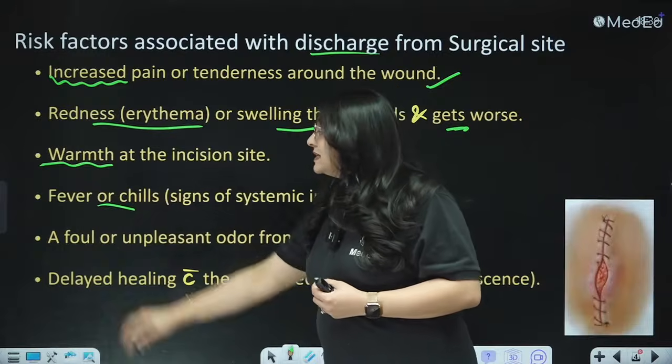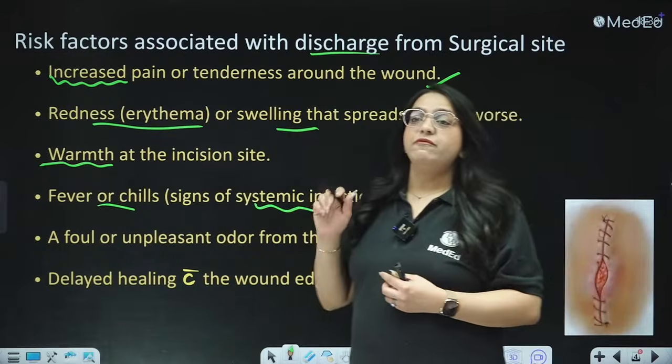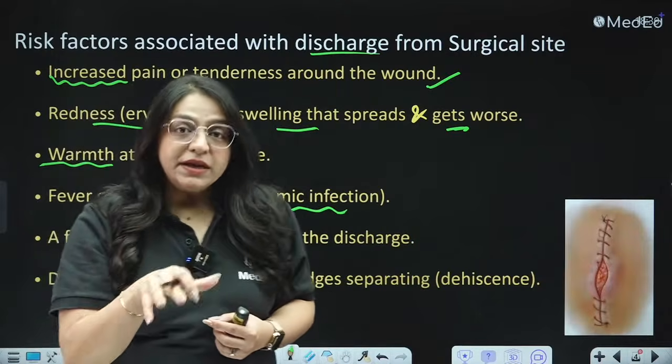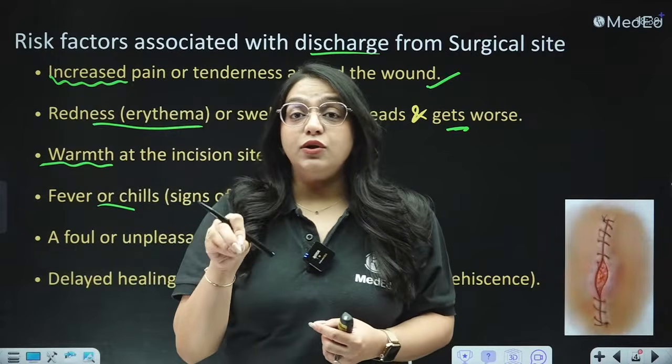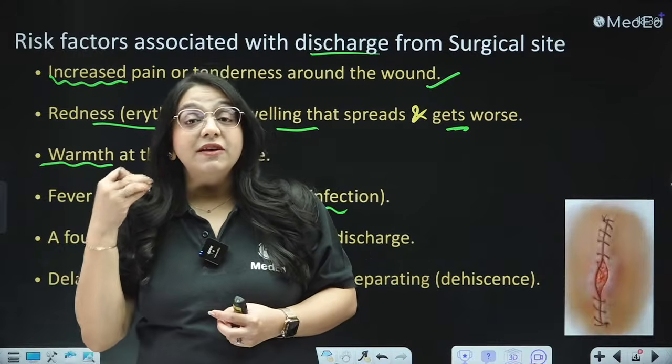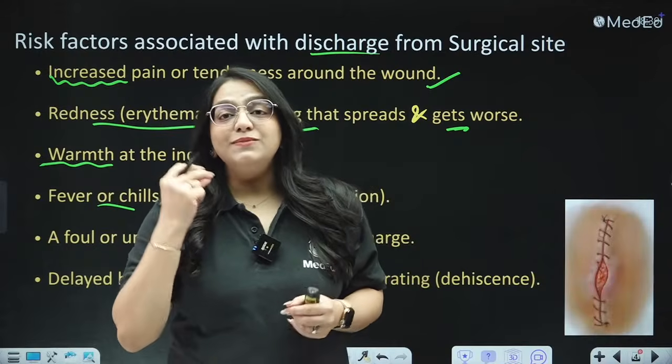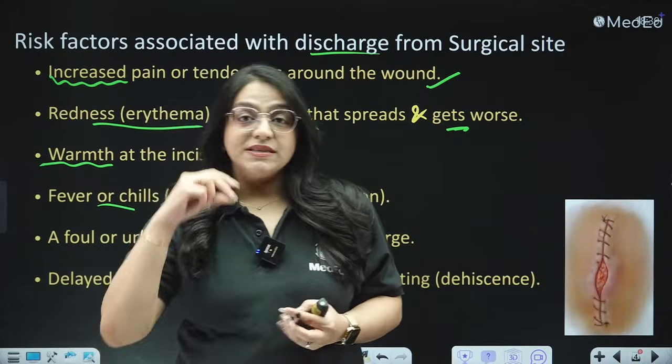Fever or chills. Now if it is a sign of systemic infection, that probably now the infection has gone deeper into the body and it is now leading to systemic infections, because when do we get fever? Whenever there is microorganism in the blood. The moment it comes to the blood is when your body produces the fever.